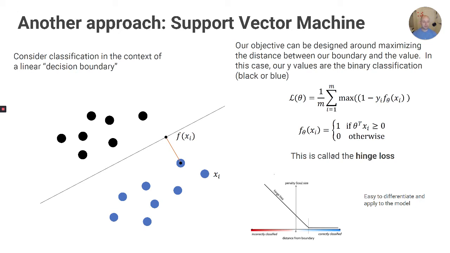But when you've incorrectly classified it, the derivative is essentially the value of x respective to that incorrect value. So it's pretty easy to implement, very computationally efficient, and you'll find support vector machines have been very popular, especially when it comes to linear classification models.